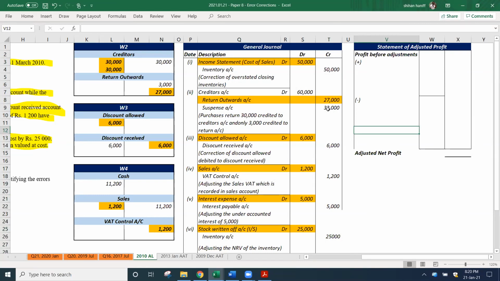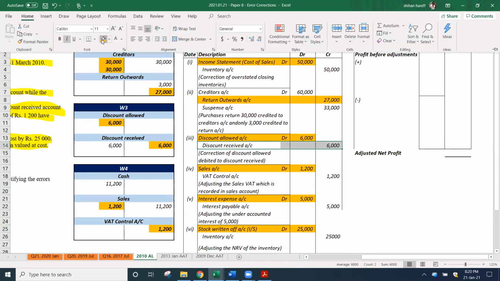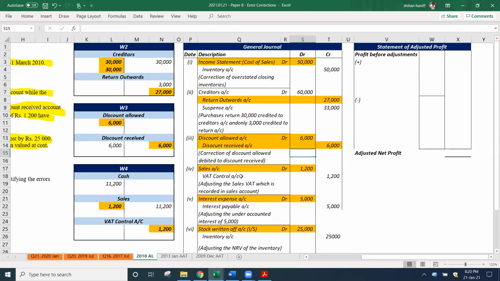Income, cost of sales, return outwards, discount allowed, discount received. Let me see this. Discount received, sales, interest expense, stock written off. So whatever credit will be plus, debit will be minus. 27,000 and 33,000.